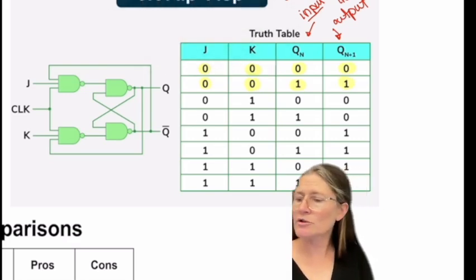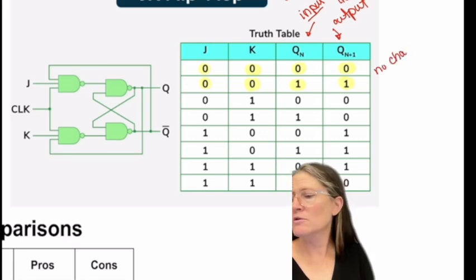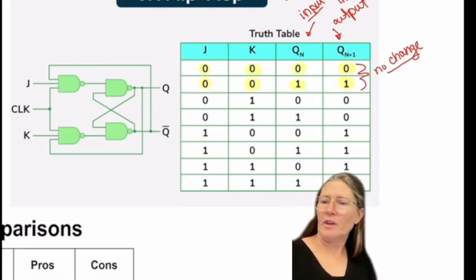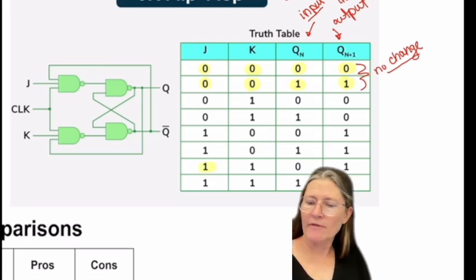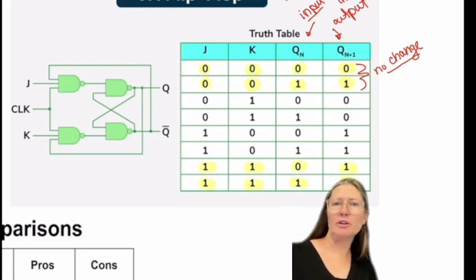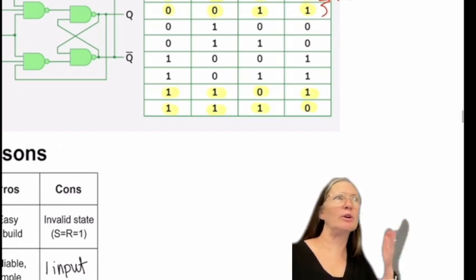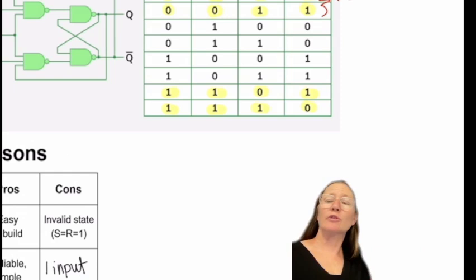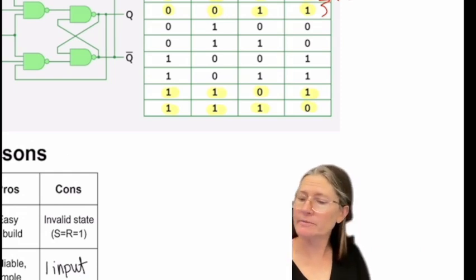So no change. When you have a 1 and a 1, it basically toggles your output. So if your current state's a 0, it goes to a 1. If your current state's a 1, it goes back to 0. So this is called a toggle state.